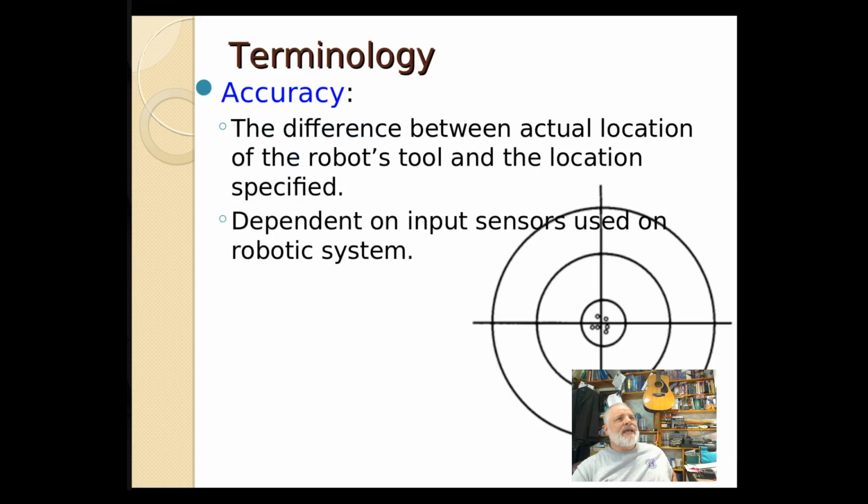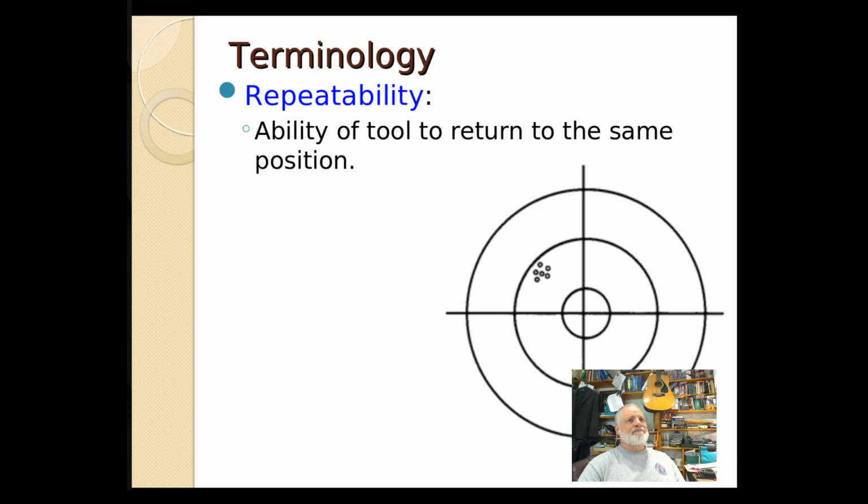All right, and then we have accuracy. So let's say that we wanted to move our tool center point here to the center of these crosshairs. And then the little circles that you see there are where it actually ended up on multiple times returning. So we're telling it to go to a point in space, and we're looking at how accurate we are to that. And then there's another term, repeatability, which says, well, maybe we're not real accurate.